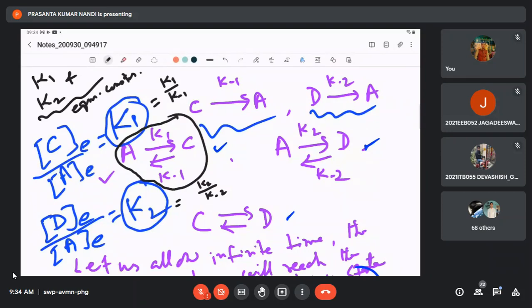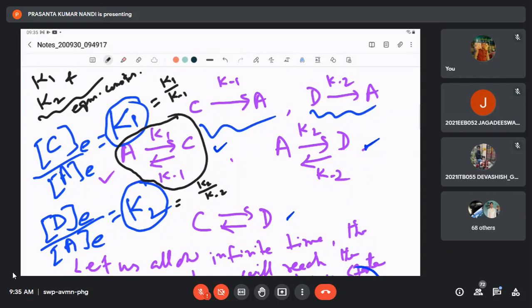Whenever we consider the reverse reactions, naturally there should be individual equilibria between reactant A and one of its isomers C, and likewise A and D. For that we have written the explicit expressions of the equilibrium constants, capital K1 and K2.